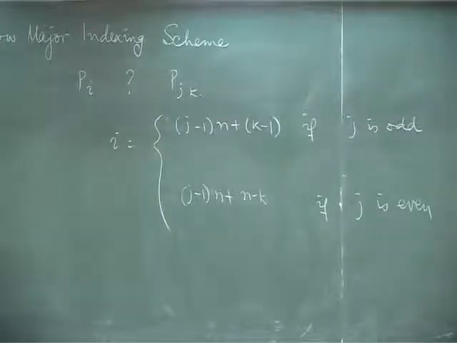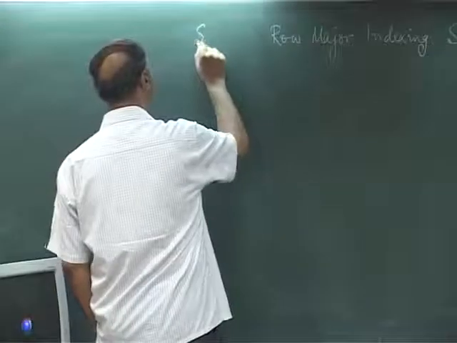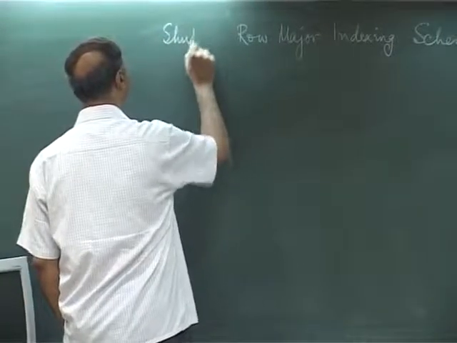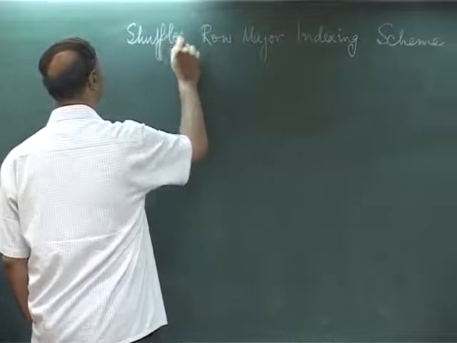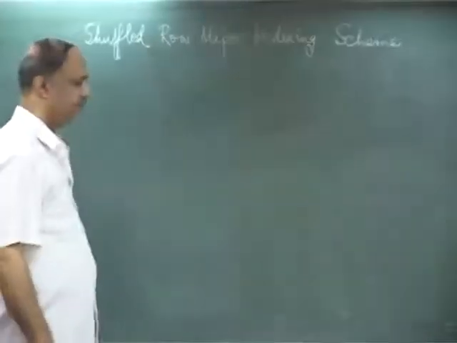So this is snake-like row major indexing scheme, and similarly you can define snake-like column major indexing scheme, where this will look like this. This is known as shuffled row major indexing scheme.